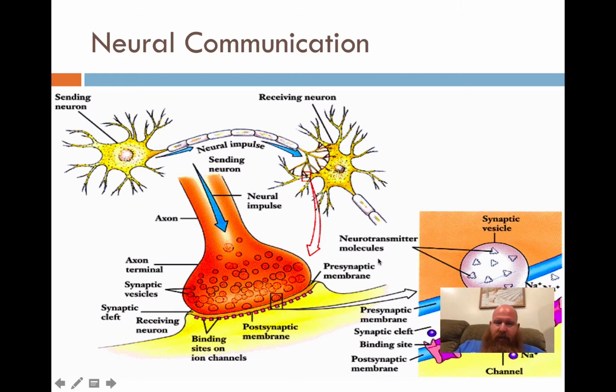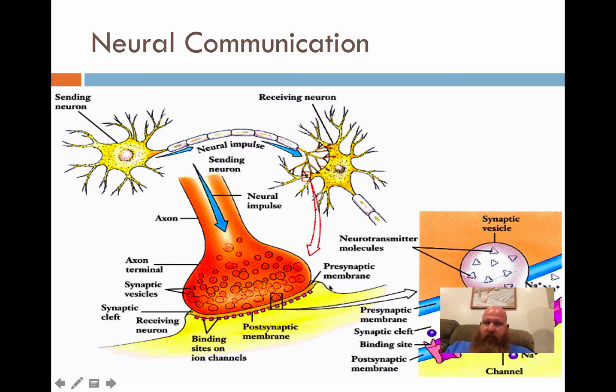It cannot jump this synaptic cleft as an electrical charge, so it has to be turned into a chemical. It hits these synaptic vesicles, which all contain neurotransmitters. They release a neurotransmitter, and this gets blown up here. Here they're using different shapes to show the different ones.